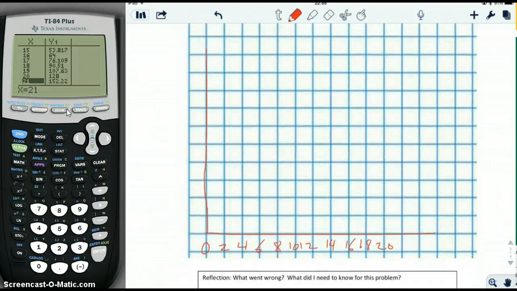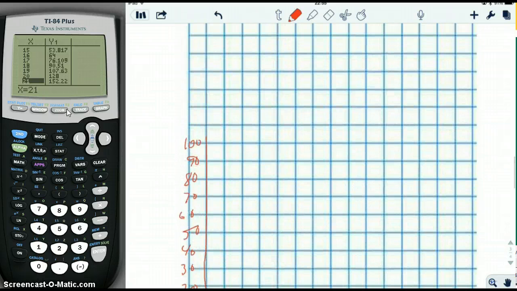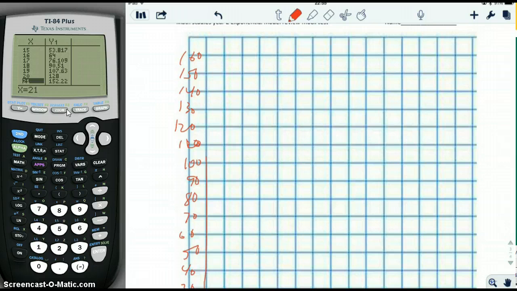Each one of these squares is about a centimeter. 10 fleas, 20 fleas, 30, 40, 50, 60, 70, 80, 90, 100, 110, 120, 130, 140, 150, 160. I already went past. I only need to go up to 128, right?